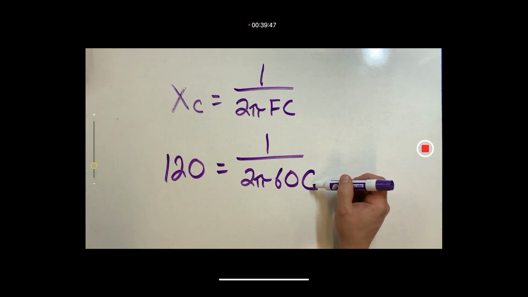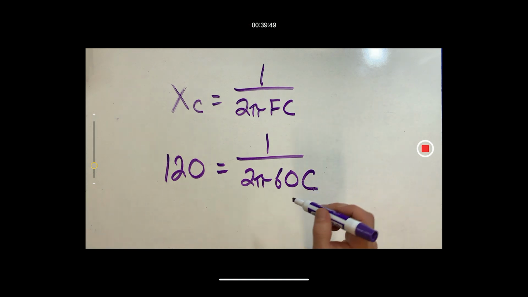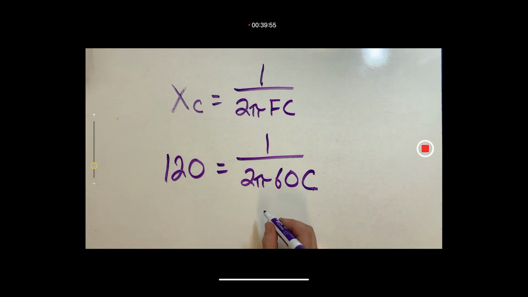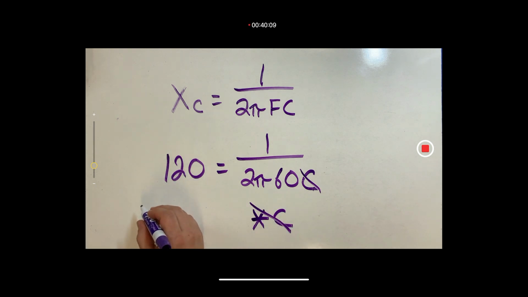If we were to multiply by the capacitance over here, we would cancel this out. But then we have to multiply by the capacitance over here.